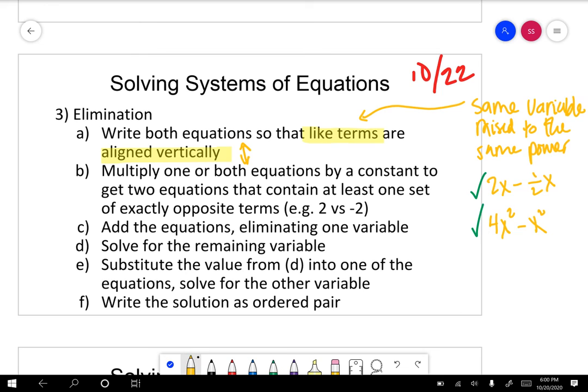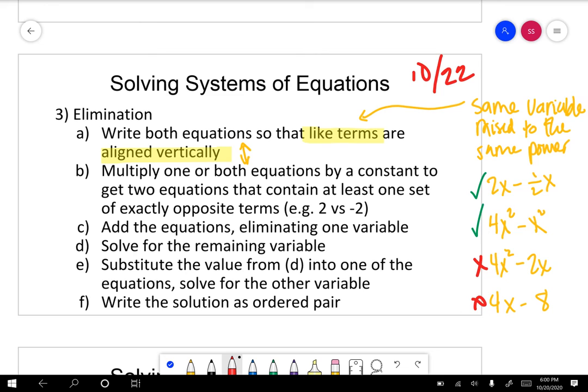But you could not, for example, do 4x squared minus 2x, and you could not do something like 4x minus a constant, so something that doesn't have a variable. So those are bad. Okay, hopefully that rings a bell.